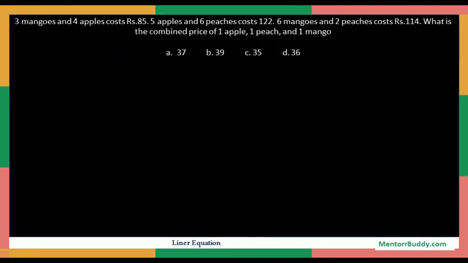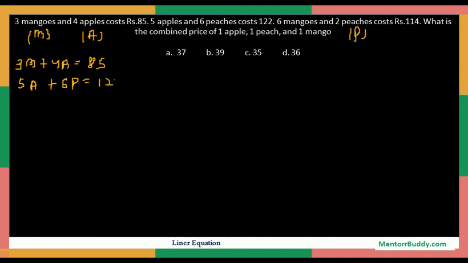Let's represent mango by M, apple by A, and peaches by P. So first it says 3 mangoes plus 4 apples cost rupees 85. Then 5 apples plus 6 peaches cost 122 rupees, and finally 6 mangoes plus 2 peaches cost rupees 114.